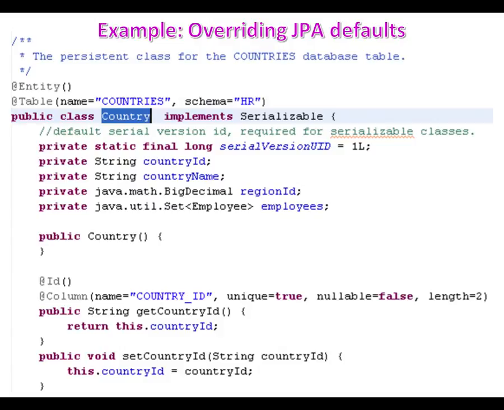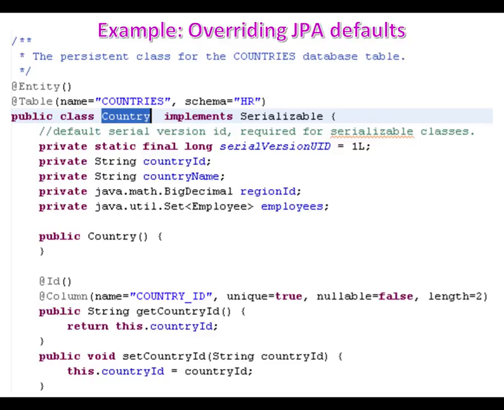Okay. Now, here's another example. This is completely different from the other one. This is where the defaults are getting overridden, just to give you a little flavor of the kinds of things you can do. In this case, the class is called country, big COUNTRY, but they wanted the table to be named countries. Okay, and they wanted it to live in a particular schema within the database.